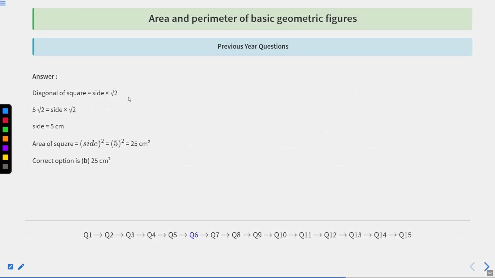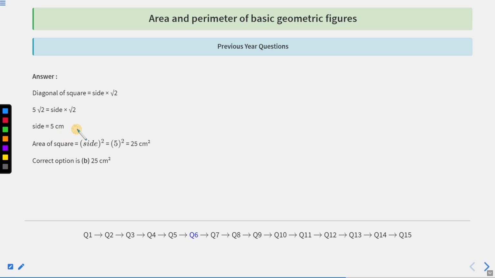So now, first of all, recall the formula to find the diagonal of a square. The diagonal of a square is given by side into root 2. And the diagonal of the square is provided to you. So using that information, we can compute the length of a side of the square. So 5 root 2 equals side into root 2, so the side will be equal to 5 centimeter.